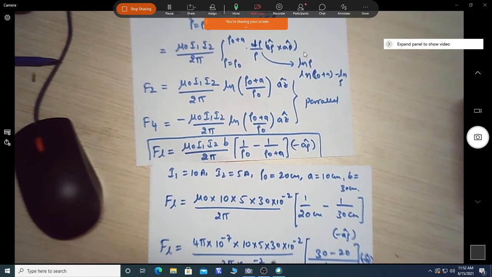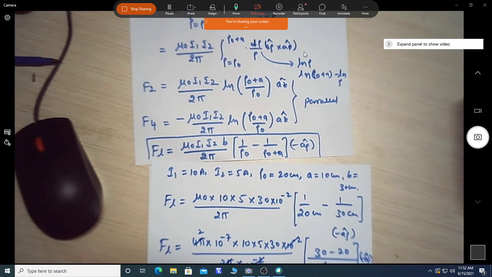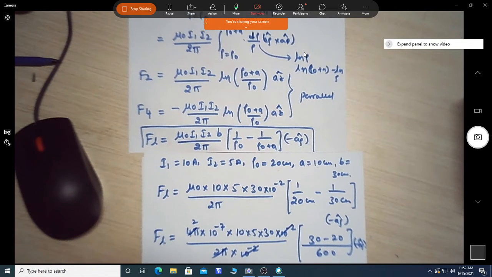Now we can calculate this value. 10 power minus 2 gets cancelled, and we have 2 pi divided by 2, and so this gives 3000 into 10 power minus 7, divided by 600, with 30 and 20, so we have 30 minus 20 divided by 600 in the direction of minus a_rho.